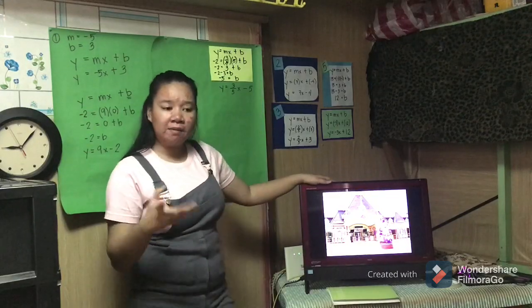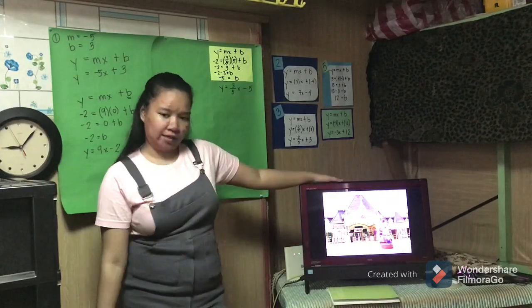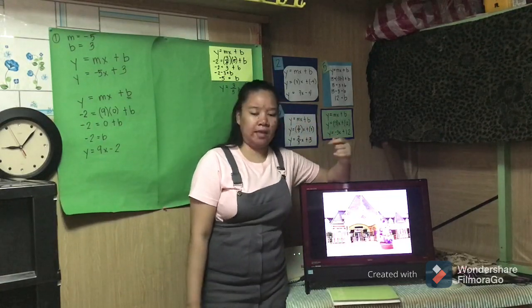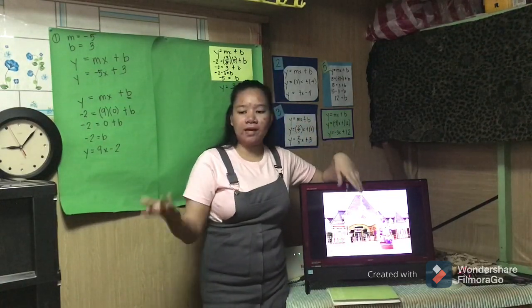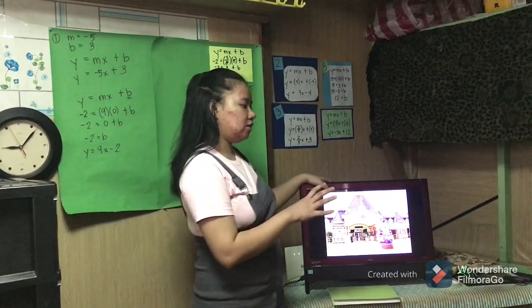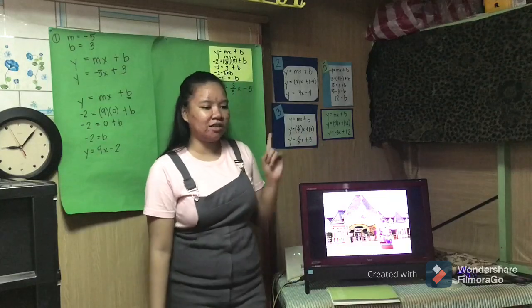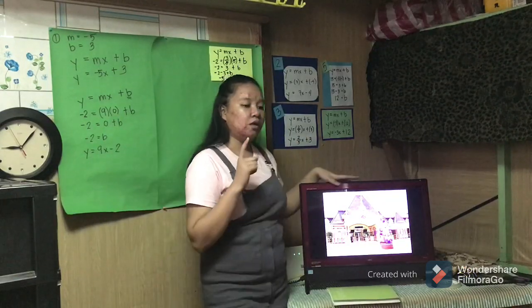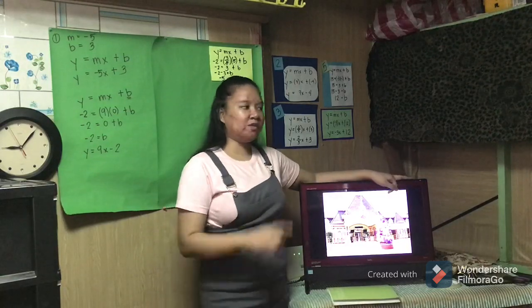You pay a fee of 570 pesos to get into the park. And there are certain rides that you will need to pay 50 to 150 pesos for. Let's assume that you will ride the carousel, and there is a fee of 100 pesos. So, you need a slope-intercept there.